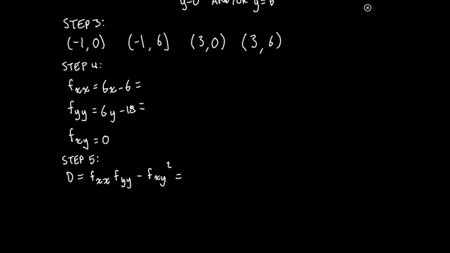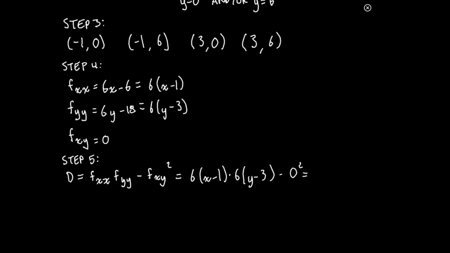Before we do that, let's go ahead and simplify these down like we did the other equations. So we can pull the 6 out: 6 times x minus 1, 6 times y minus 3. Awesome. Okay, so we have 6 times x minus 1 times 6 times y minus 3 minus 0 squared. And that simplifies out to 36 times x minus 1 times y minus 3. Awesome.